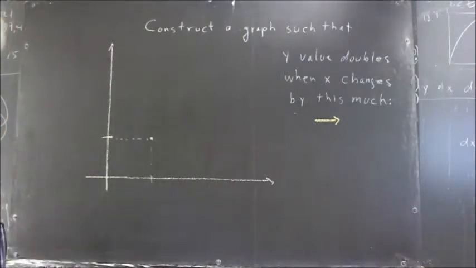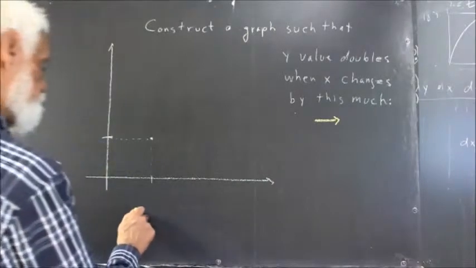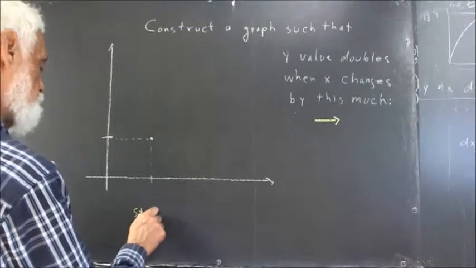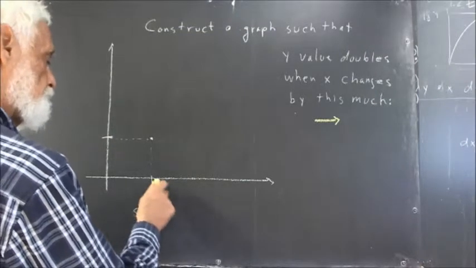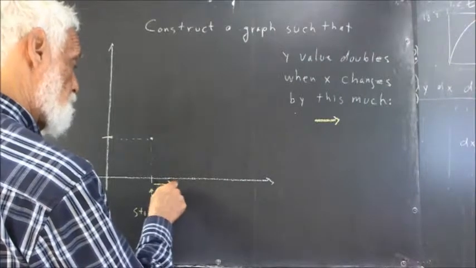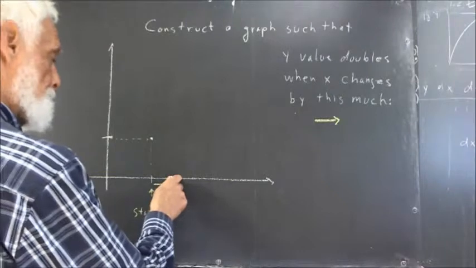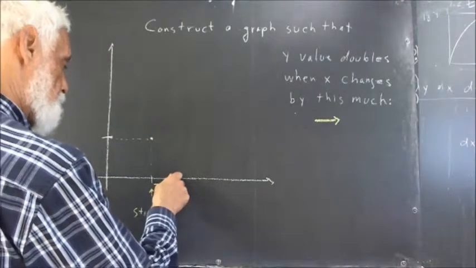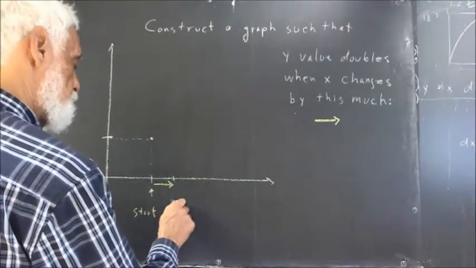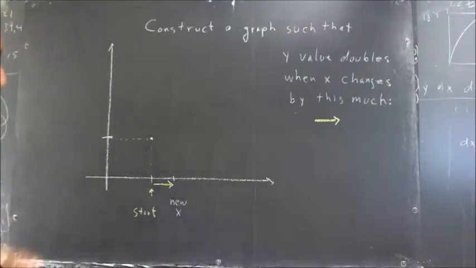Okay, well, if x changes by this much, we start here. And we change x by this much. So now here's our new value of x. And y has to double.